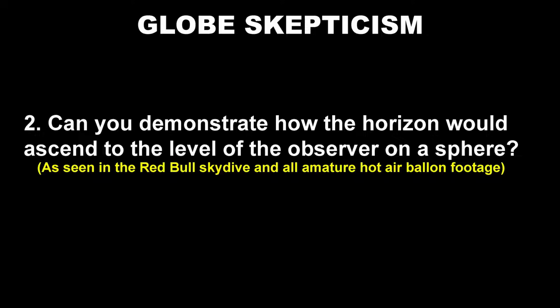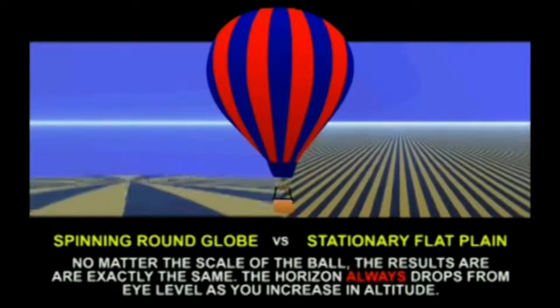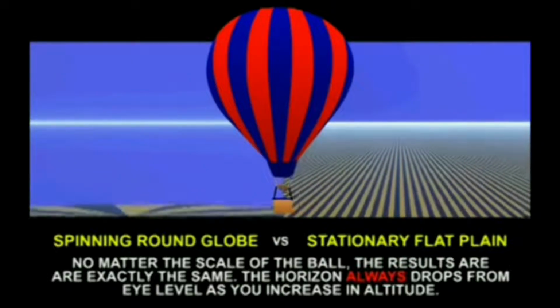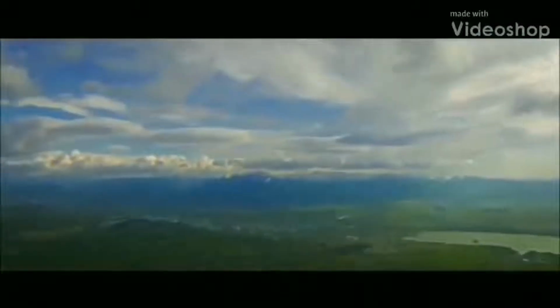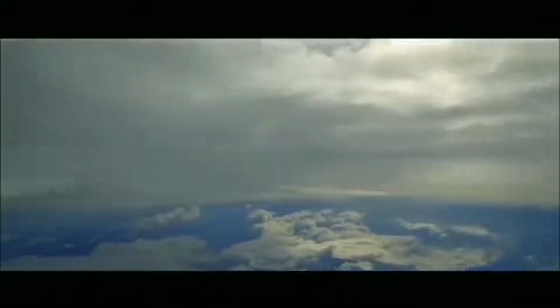So can you demonstrate how a horizon would ascend to the level of the observer on a sphere, like we see in the Red Bull skydive and all amateur hot air balloon footage? Because it doesn't seem to make sense. Like this graphic shows, on a sphere the horizon would get lower as you get higher, but that's not what we see.